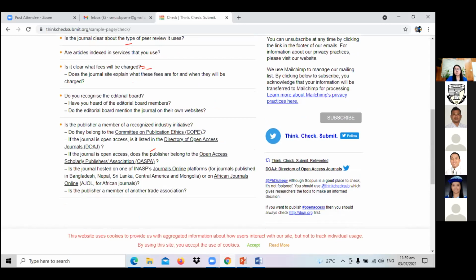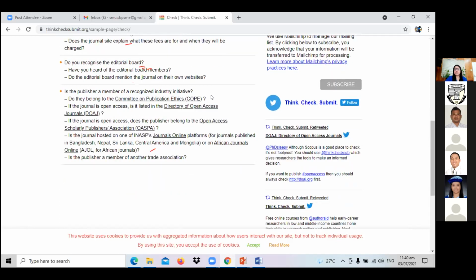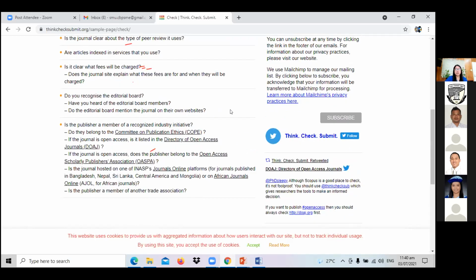So actually, this is also one thing that I usually do. I check the editorial board. Once I open the site of the journal, I also check the editorial board. And then I also check the publication charges and also the frequency of publishing, because I think the most frequent is quarterly.